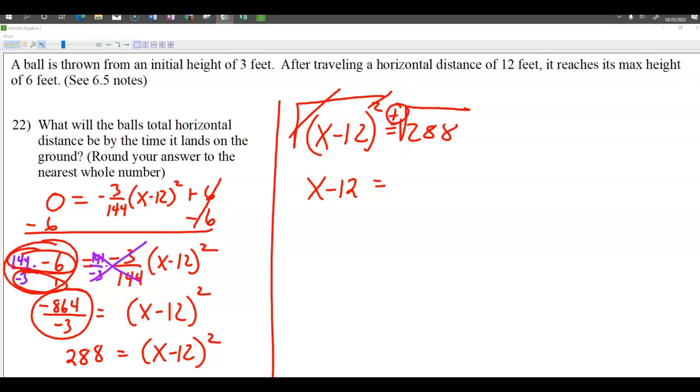That's the point on the right side of the parabola. That's where it hits the ground over here. We don't care about where it touches over here, the rest of the parabola. We only want the right side, so we're only going to look at the positive version of the 288. Using my calculator, I'm just going to find the square root of 288, which is 16.97.